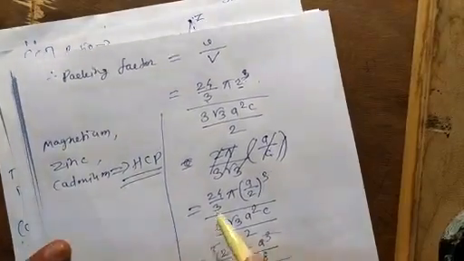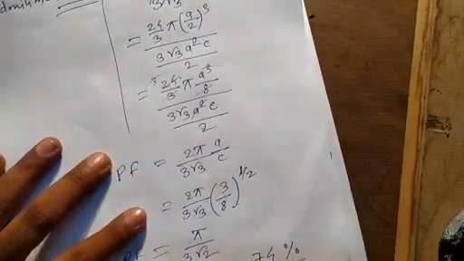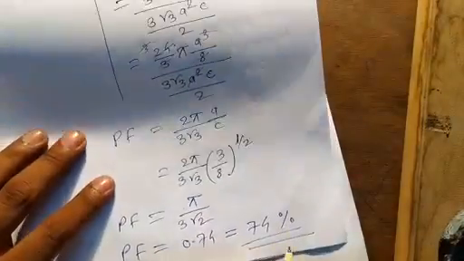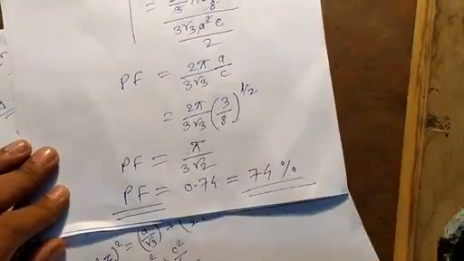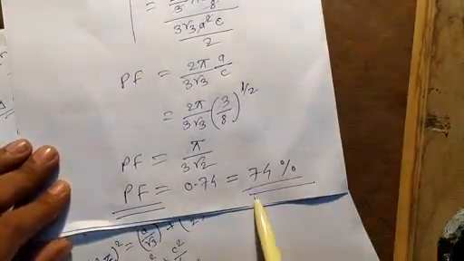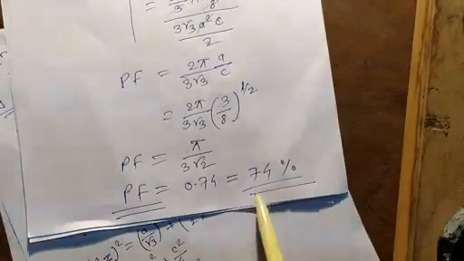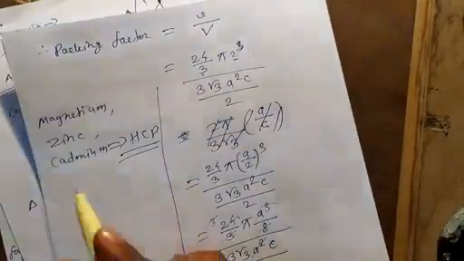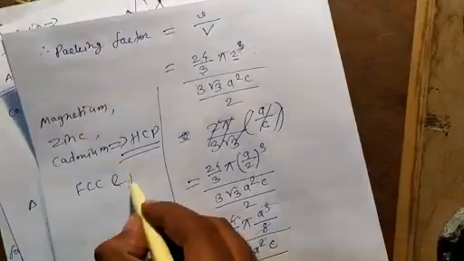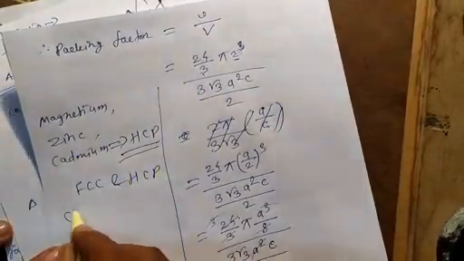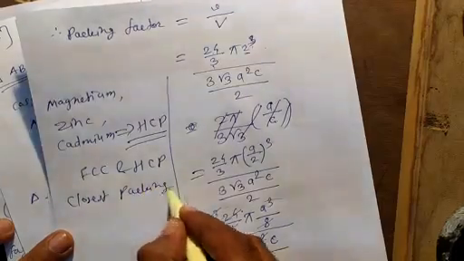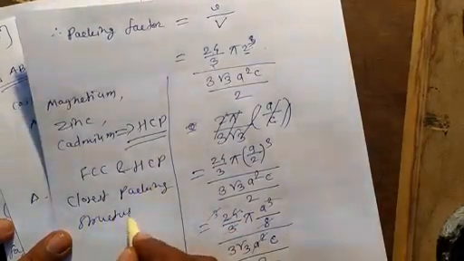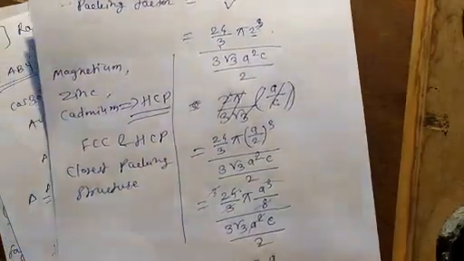That is, this packing factor is the same as in case of FCC structure. The packing factor we saw in the FCC structure is the same, 74%. Therefore that is why FCC and HCP are called closest packing structures.